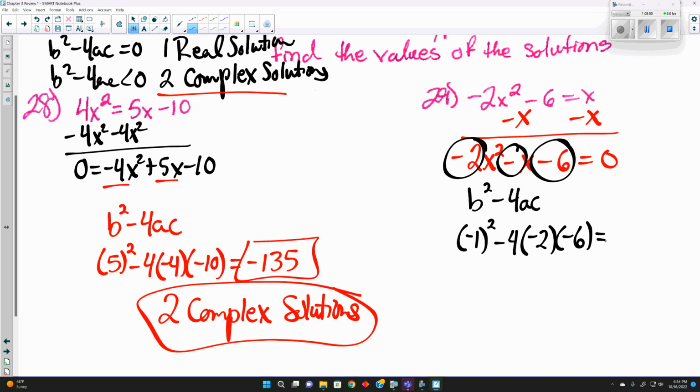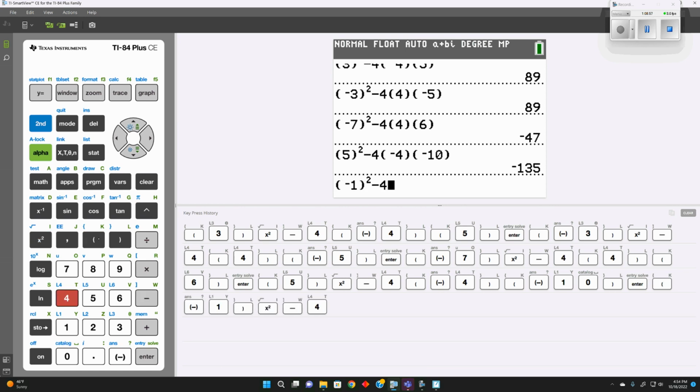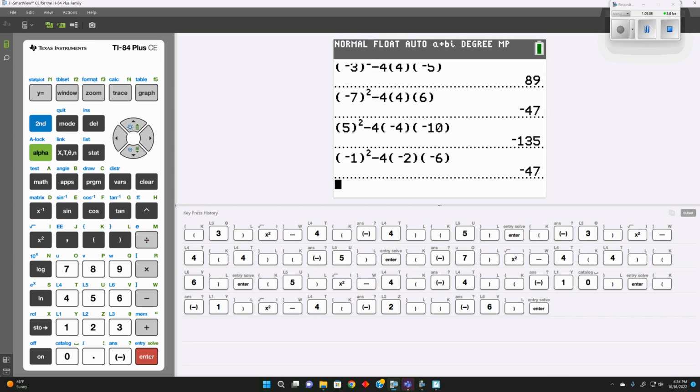And again, we're going to type this in. So we'd have parentheses, negative 1 squared minus 4 times a, which is negative 2, times c, which is negative 6. And hit enter. And incidentally, we get negative 47.